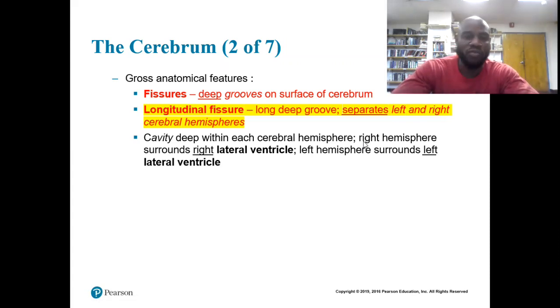This is something you've probably seen. Maybe you didn't call it the longitudinal fissure, but I'm sure when you see it, you'll recognize it. You also have a cavity deep within each cerebral hemisphere. The right hemisphere surrounds the right lateral ventricle, the left hemisphere, the left lateral ventricle.